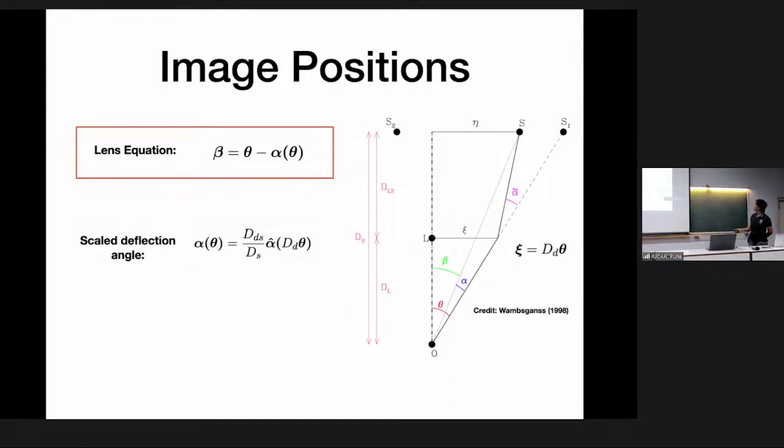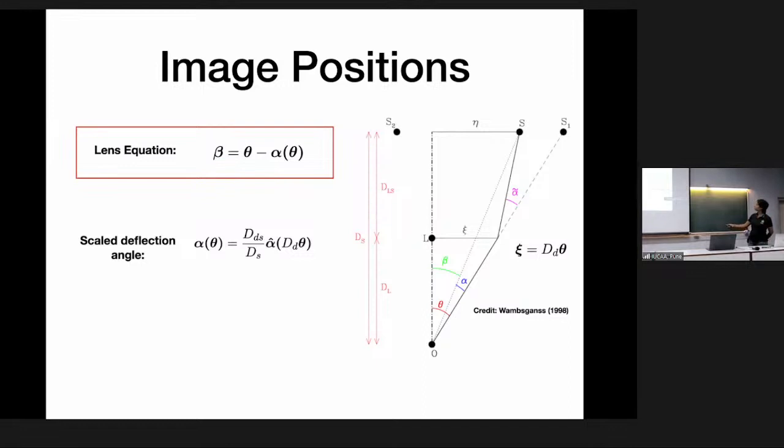What we can readily see is that we can subtract the angle beta from theta, and what we get is this deflection angle alpha. But the true deflection angle is shown here by alpha tilde, and we can easily relate these two with the help of this impact parameter psi, which is at the redshift of the lens.